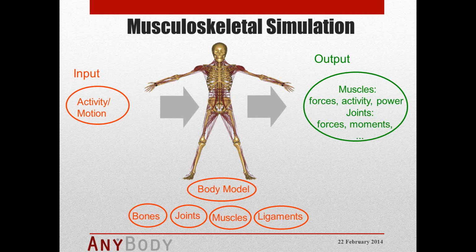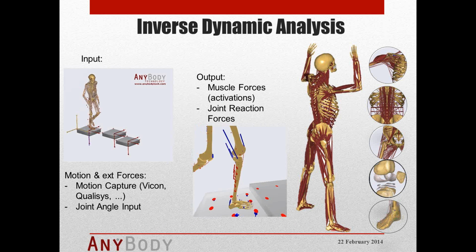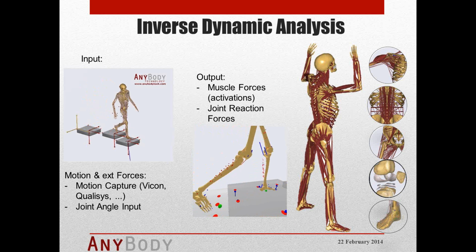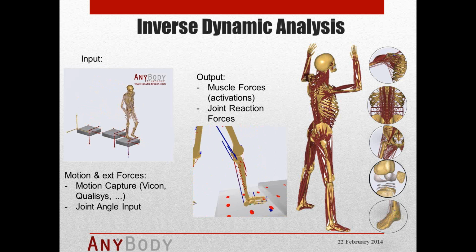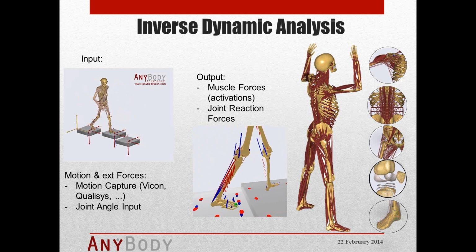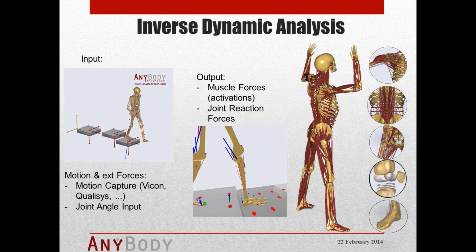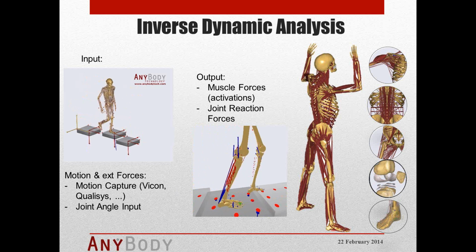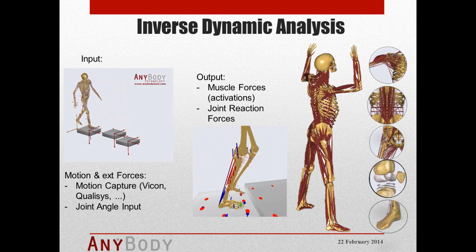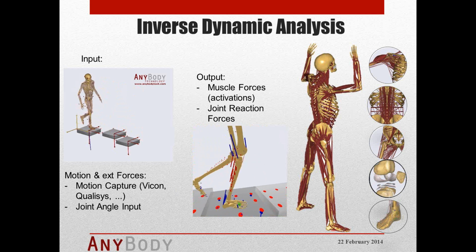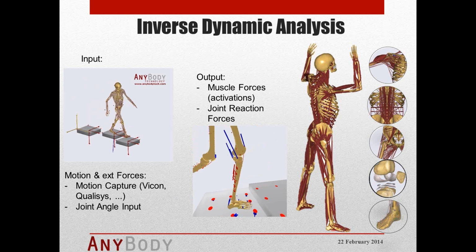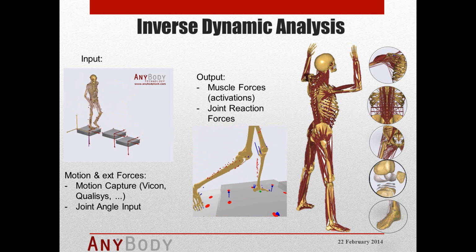This process is called inverse dynamics. So input is always motion for our simulations, and output is forces inside the human body or in interaction with some devices. Mostly the output is muscle forces or muscle activation and joint reaction forces, so what the loads are, for example, in a knee joint or an ankle joint.